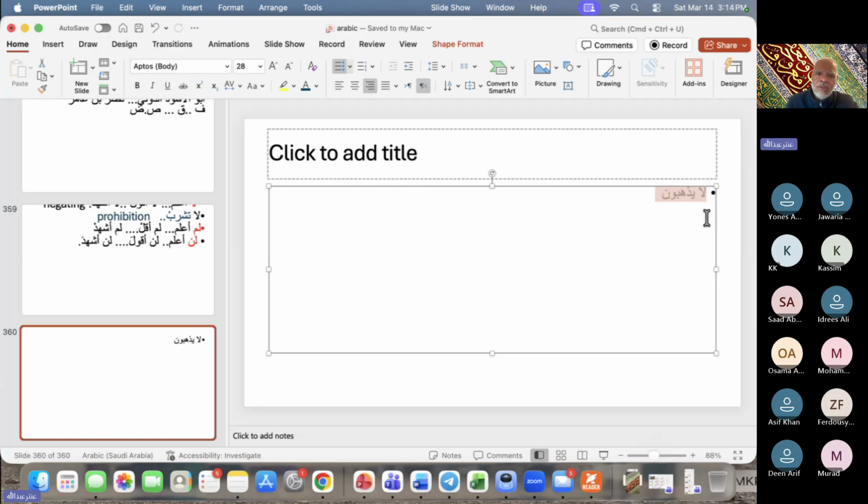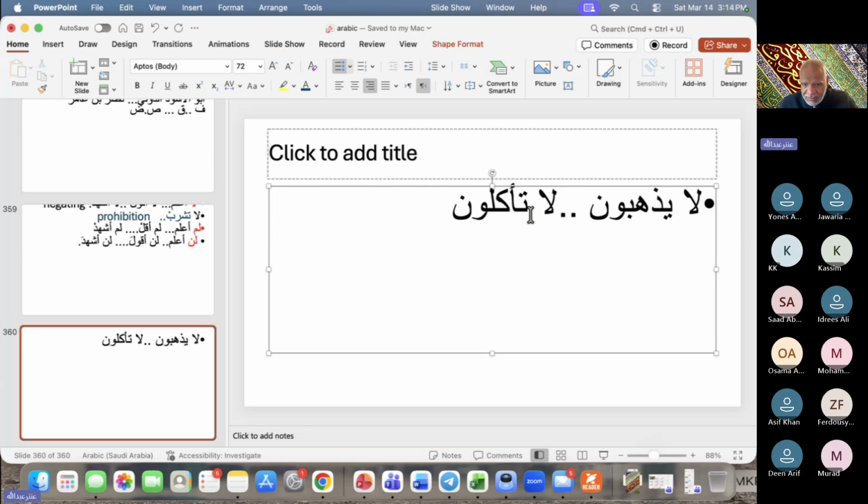So they do not go. لا يأكلون. لا تأكلون. You do not eat. So Sayyidina Ibrahim went to the idols and said, ما لكم لا تأكلون. Why don't you eat? So you are not eating. لا تأكلون. لا أذهب. I do not go.